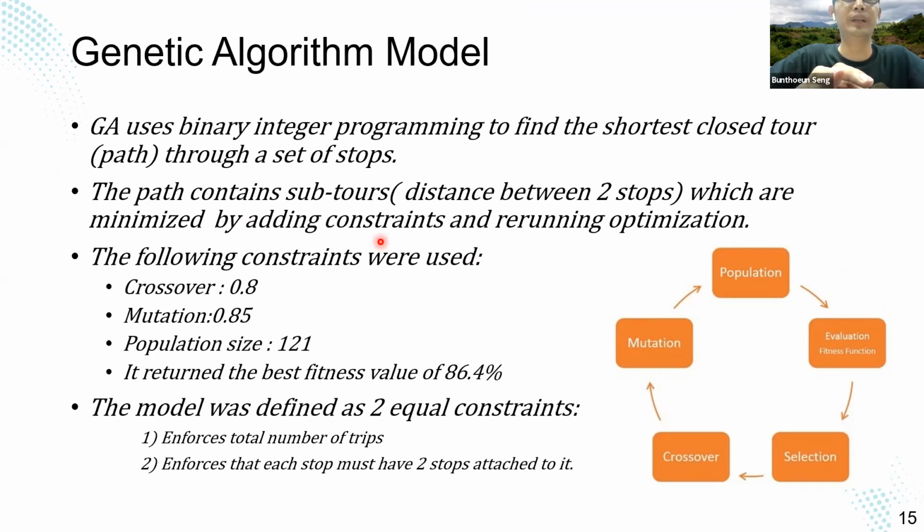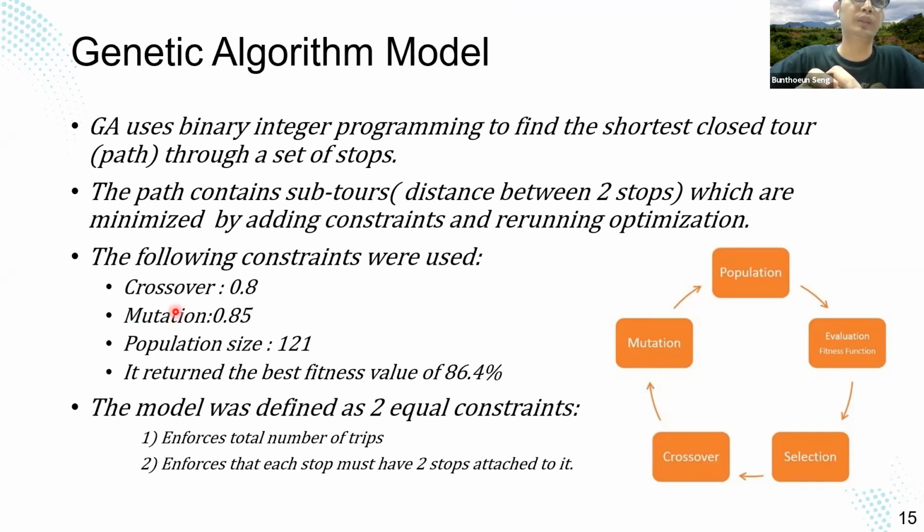rerunning the optimization. So here again, this kind of algorithm first takes 2 bus stops and processes the algorithm, so it provides 1 result. After that, it has to add some parameters or constraints in order to generate additional results, which are considered to be better. And in the study they have proposed these constraints.